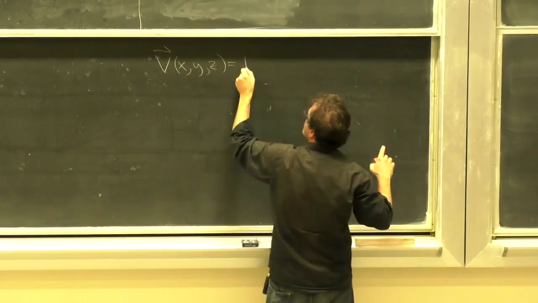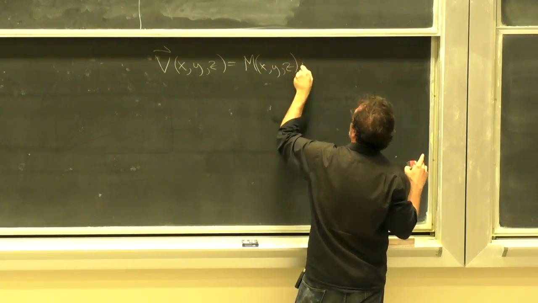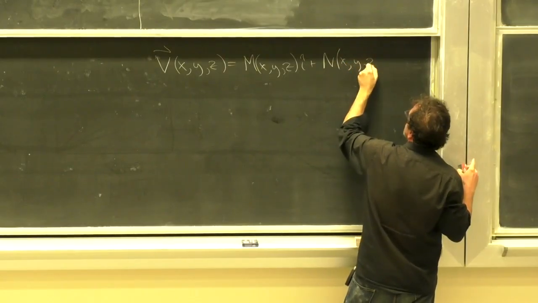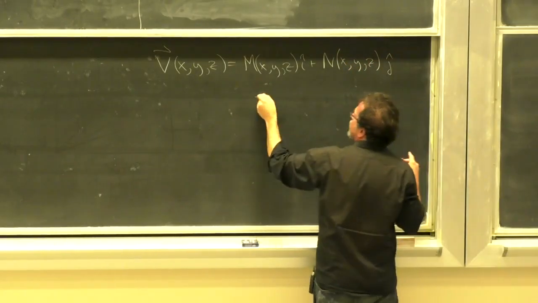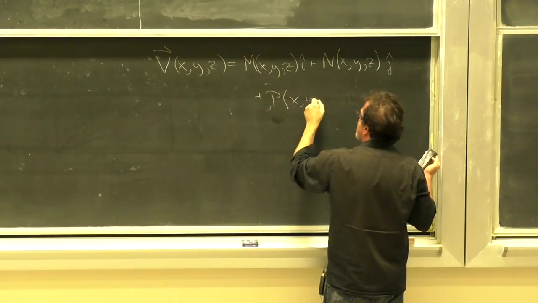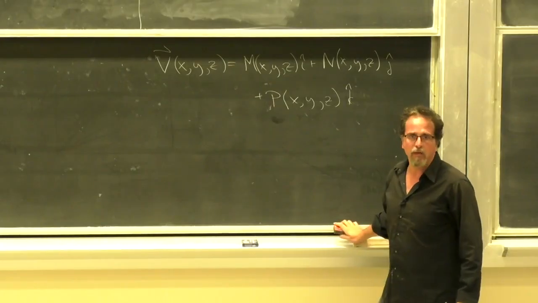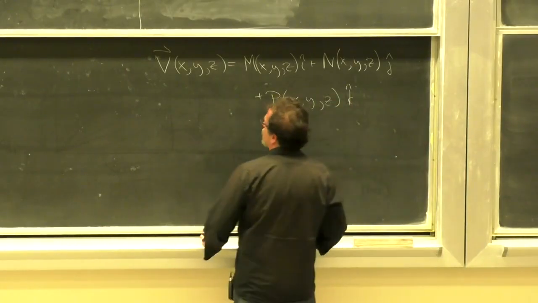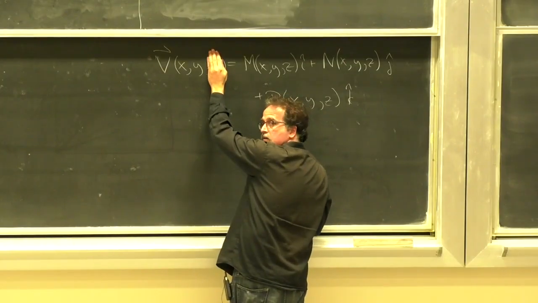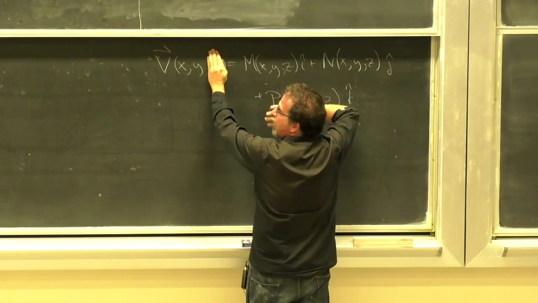It has components m of x, y, and z, i hat, plus n of x, y, and z, j hat, plus, if we're in 3 dimensions, p of x, y, and z, k hat. I am using your book's notation, okay? However, we are only in 2 dimensions, so it's really a vector field as a function of x and y, and it only has 2 components, i hat and j hat.